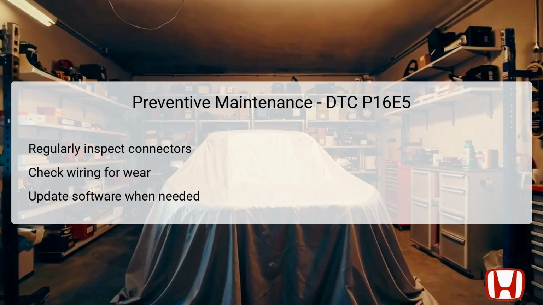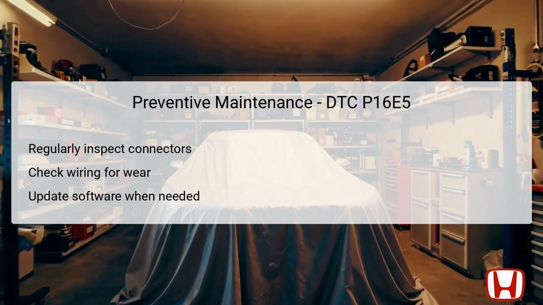To prevent future occurrences of DTC P16E5 or similar errors, regular maintenance is vital. This includes inspecting all connectors associated with the LIN communication circuit to ensure they are secure and free from corrosion. Additionally, monitoring wiring for signs of wear, fraying, or damage can help catch potential issues before they escalate.